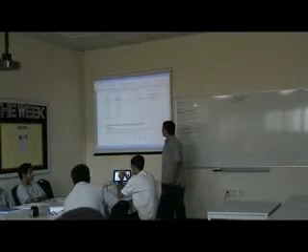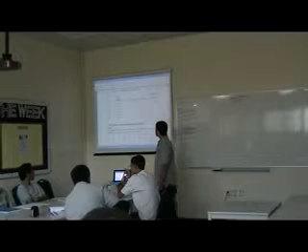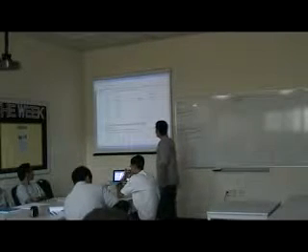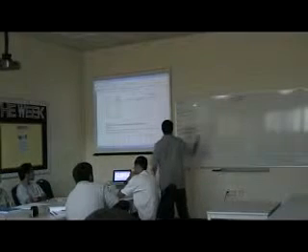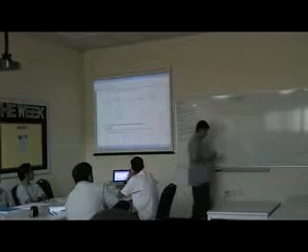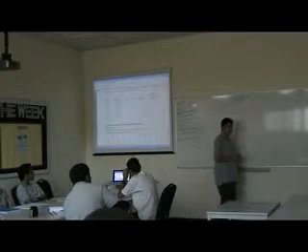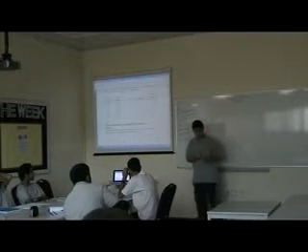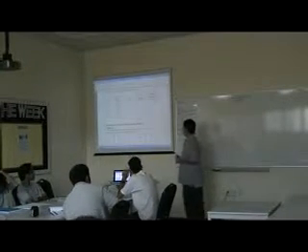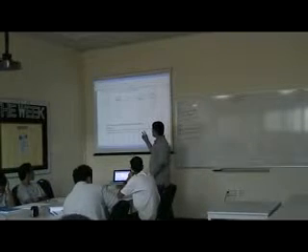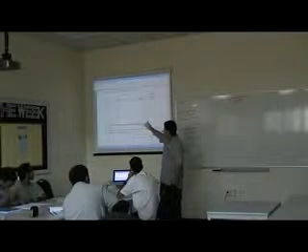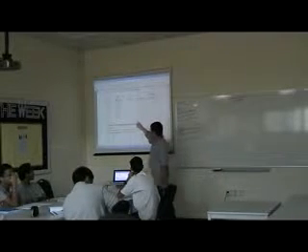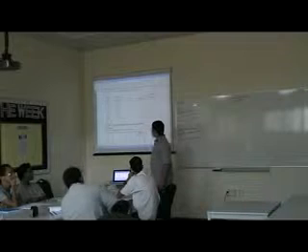And the class boundaries. How can we find the class boundaries? From the graph, to fix the graph. But in the table, how can we find it? We find it between the upper class and the lowest.